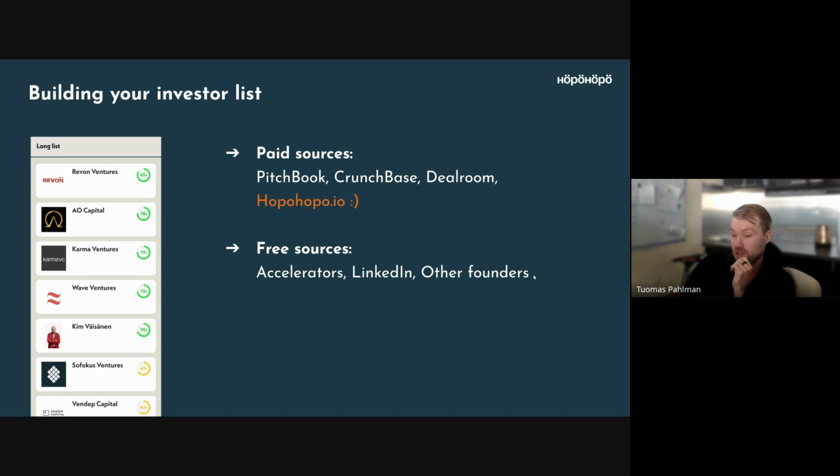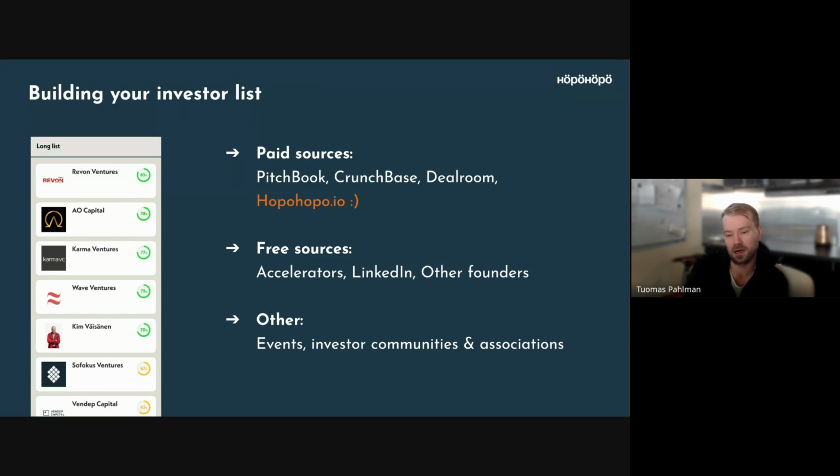Naturally, what you can trust well is other founders, so ask other founders if they have a list of investors they could work with. Other sources, of course, are going to events, investor communities and associations, which have their own investor members that you can use to start building the list.